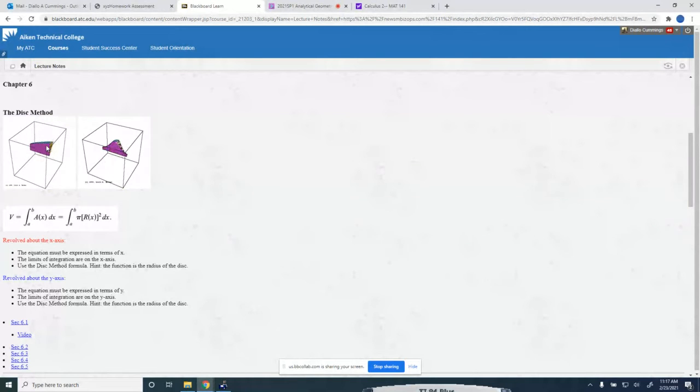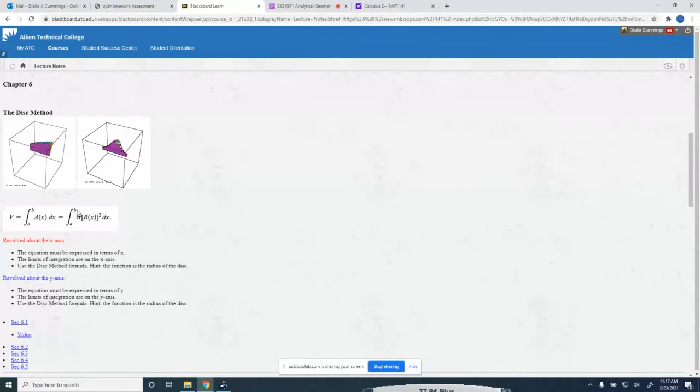If you pay close attention to the disk method, when we take a curve and rotate it about the x-axis, it forms a circular disc. We then take the area for that circular disc and we add up all of the area from a to b, and that would give us the volume.